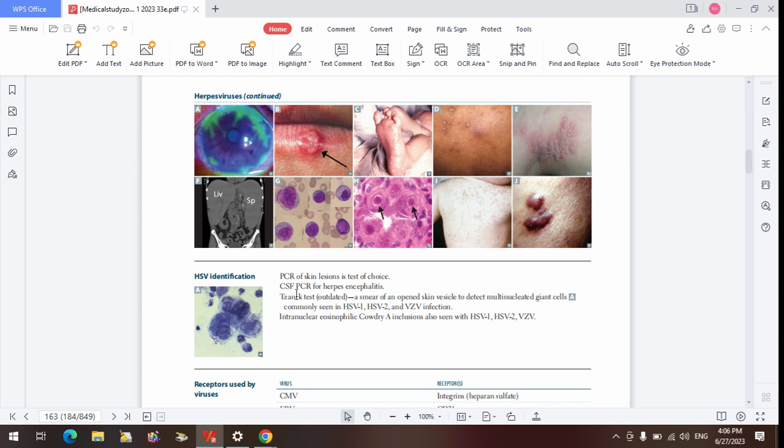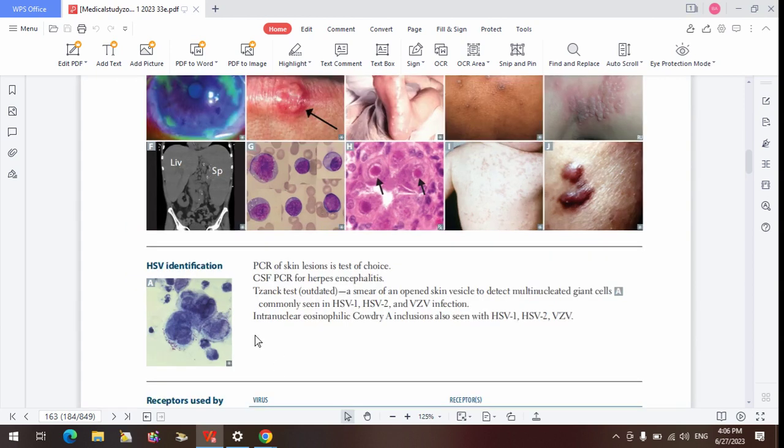Another test you can do to make the diagnosis of HSV aside from PCR is what we call the TZAC test. And we have seen a question that tested this. For the TZAC test we just obtain a sample of the vesicle. So we obtain a smear, and we observe it in the microscope after doing some staining. They tend to see multinuclear giant cells.